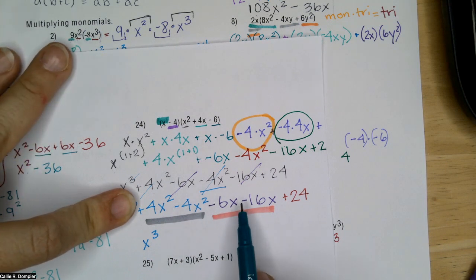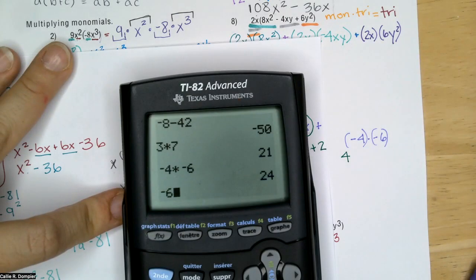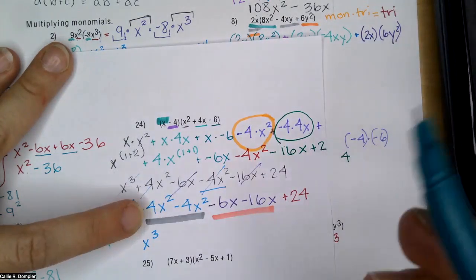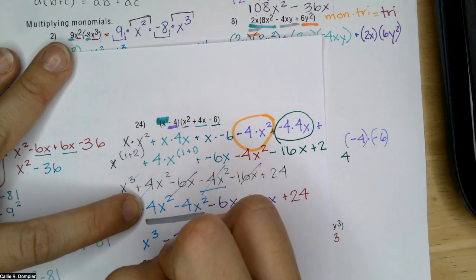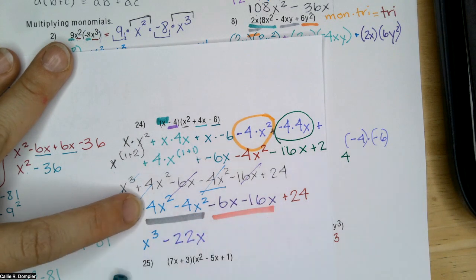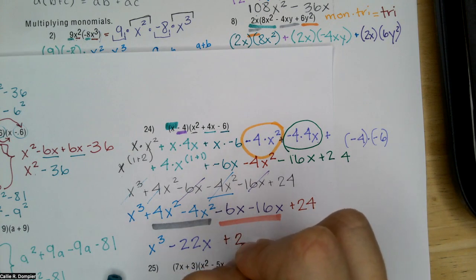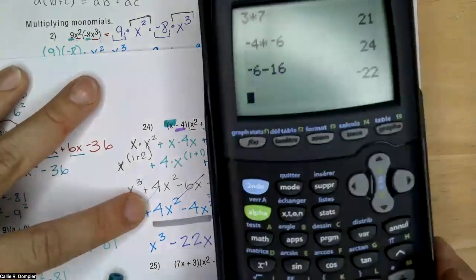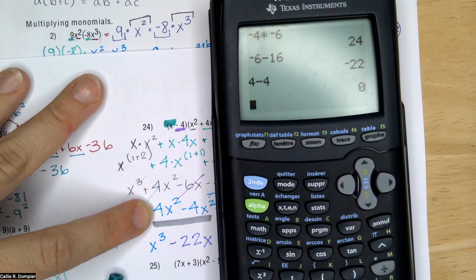Negative 6x minus 16x is just negative 6 minus 16. You're combining them, you get 22, but they were both negative. So it's negative 22x plus 24. So here we have x squared and 4 minus 4 is 0. 0x squared is just 0.